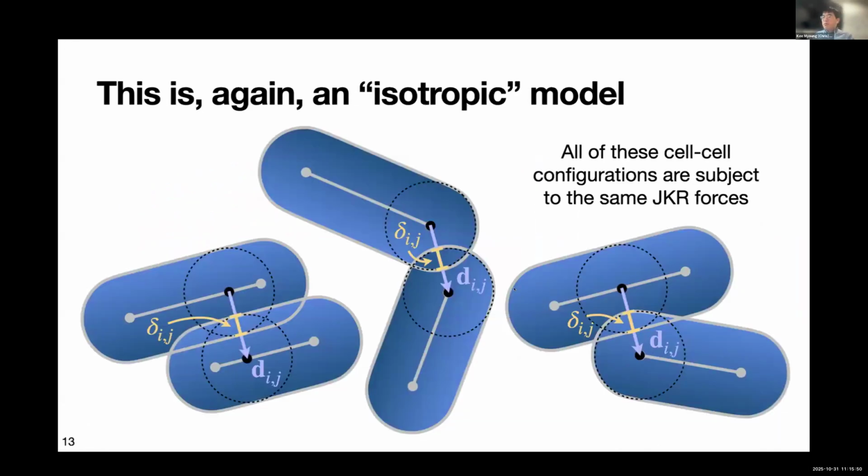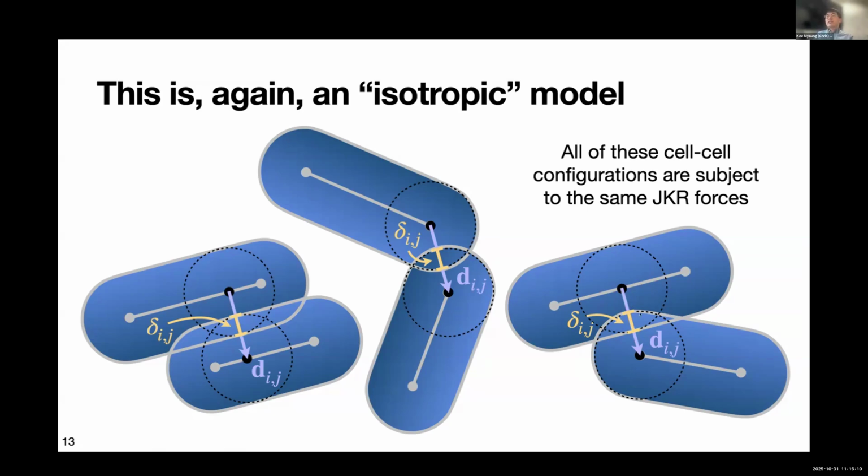But one thing to keep in mind is that this is an isotropic model, in the sense that I am really calculating the JKR forces between the two spheres at the contact point. So all of these cell-cell configurations are subject to the same JKR forces.